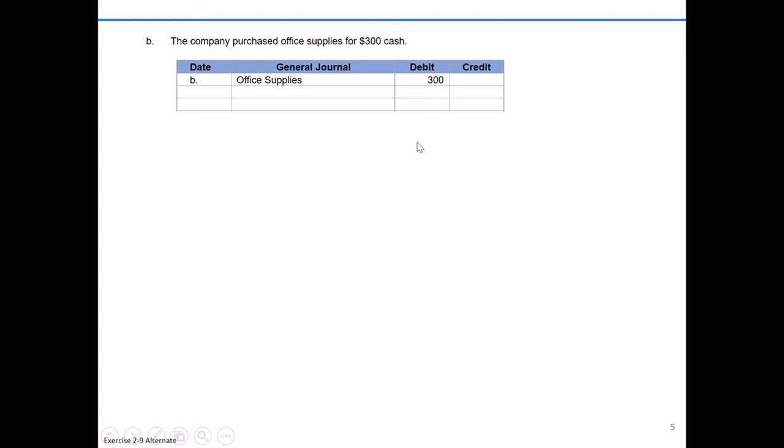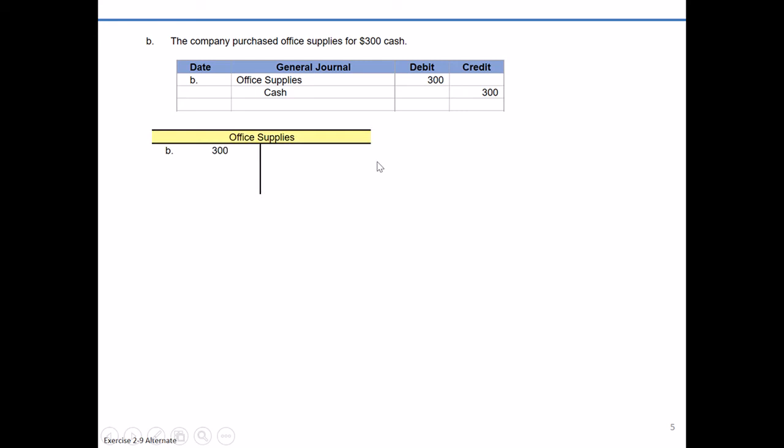But again, Office Depot is probably not going to just give us these for free. The expectation is there's got to be some type of sacrifice. Our sacrifice is going to be cash. Cash is an asset. We're decreasing it, so therefore we're going to credit cash for $300. Again, let's go ahead and post these to the T accounts.